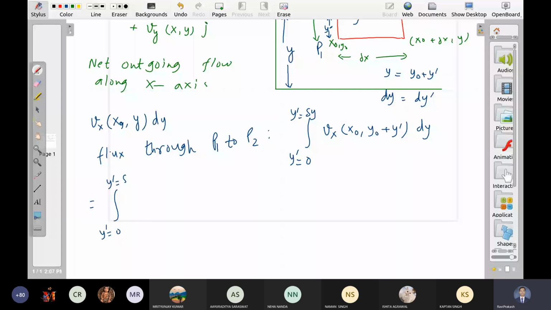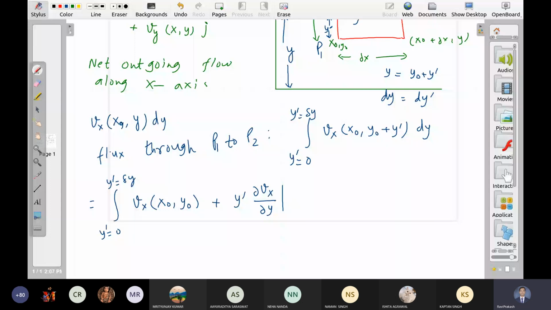It is Vx at x naught, y naught. Let us do a small Taylor expansion here. What is the next quantity? The y prime derivative, measured at this point. Do you know Taylor expansion?